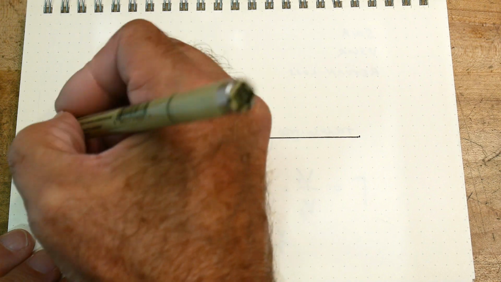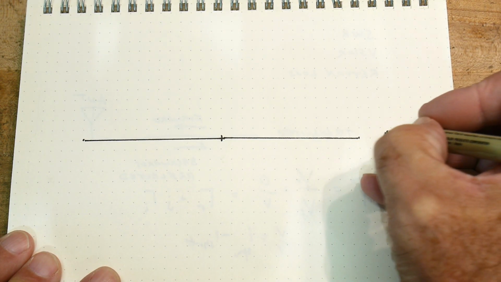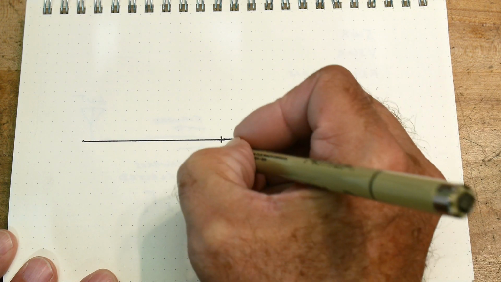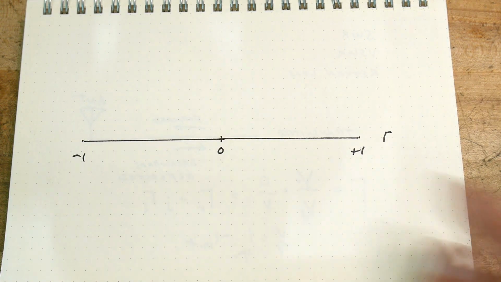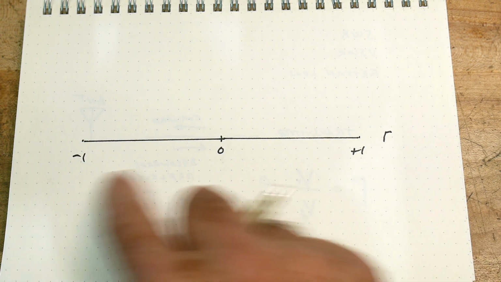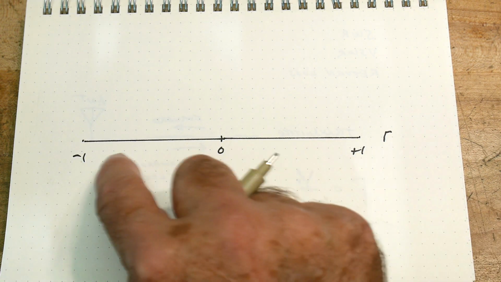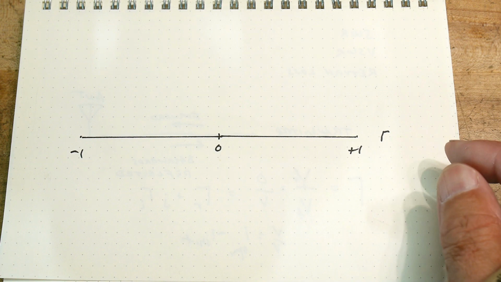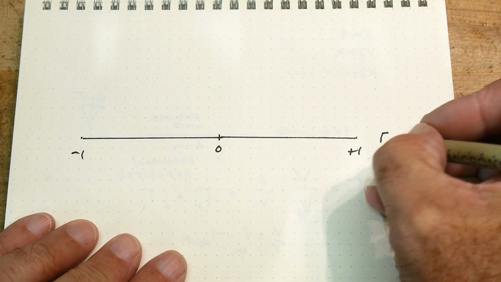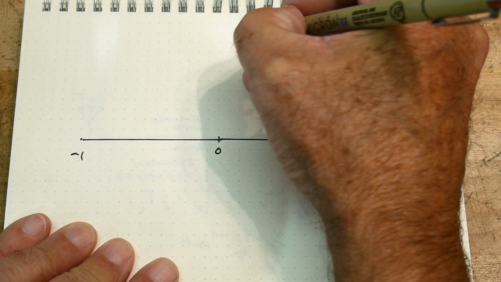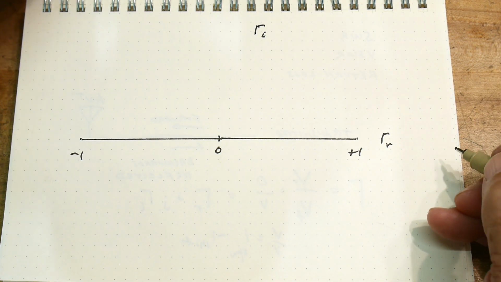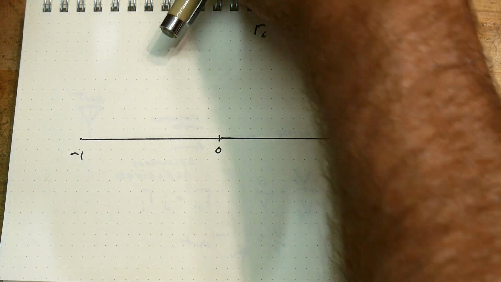Here's 0, and here's +1, and here's -1. So those are all the values that gamma can be. It can be +1, it can be -1, right? But remember, there's a real part of gamma and there's an imaginary part, okay? So we're going to have to extend this.